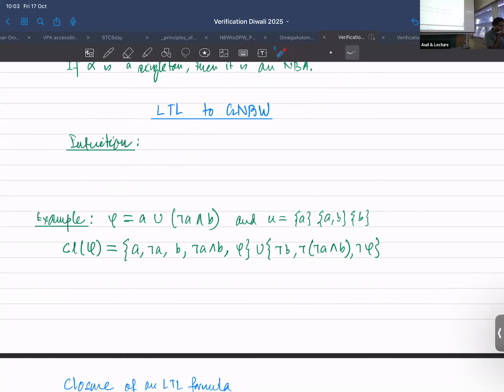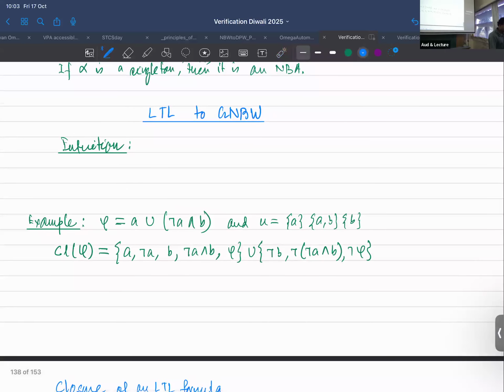Now, one thing here is that when we are doing this translation, you can do this for general LTL. You don't really need this to be in positive normal form.